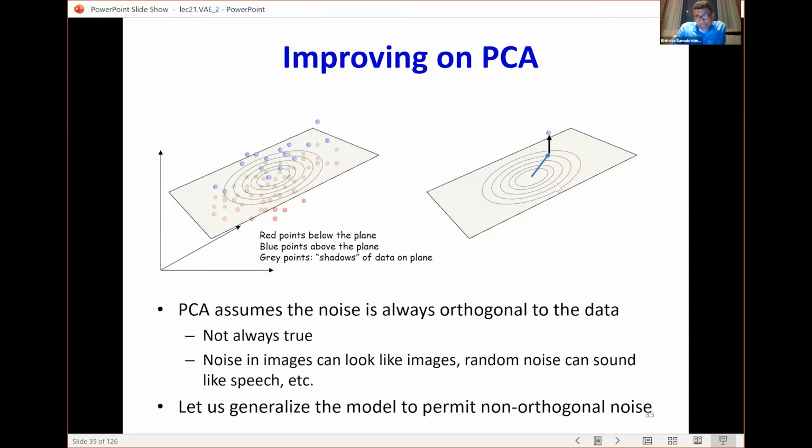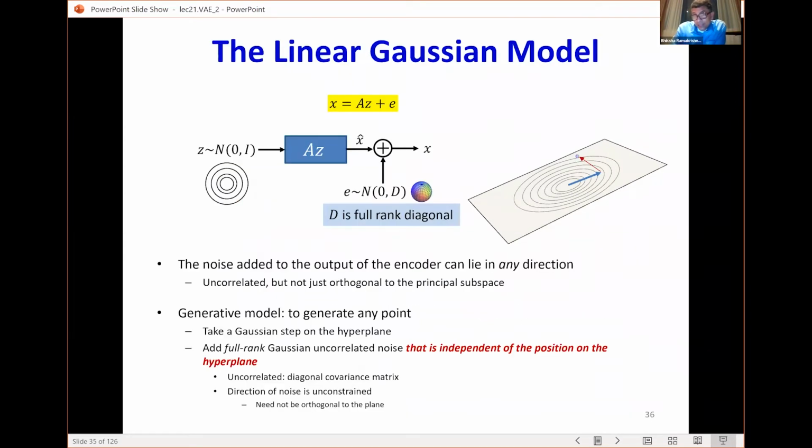But do you see any issue with this generative model? Is there something that doesn't seem quite perfect here? Anyone? Even if it's supposed to be Gaussian, a Gaussian assumption is not a bad thing, right? The real issue is that you're assuming the noise is always perpendicular to the principal subspace.